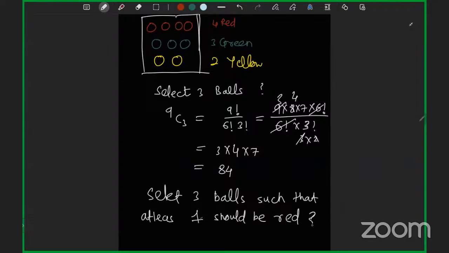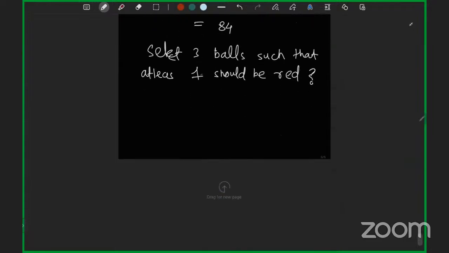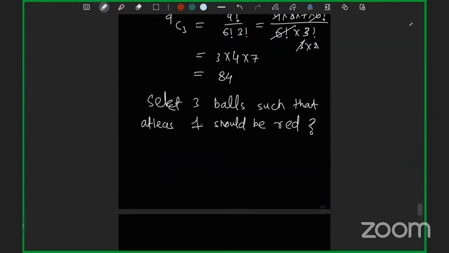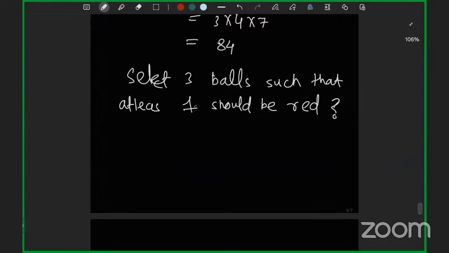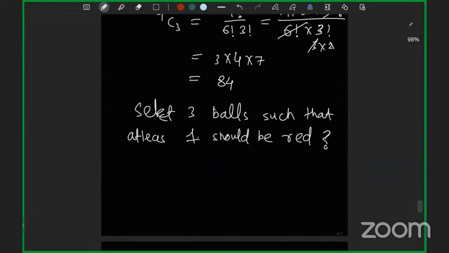Okay, at least one should be there. So now this is a question given to you. It's a little bit different than what we were doing till now, that we were just selecting or arranging them, right? But now the condition is at least something.